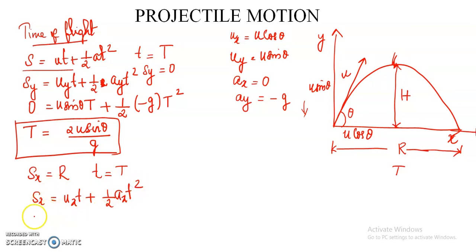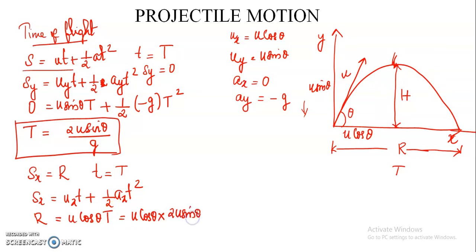Substituting for all these parameters, Sx equal to R equal to ux, which is u cos theta, into T, equal to u cos theta into the time of flight, which is 2u sin theta divided by g. So range R equal to u square into 2 sin theta cos theta divided by g.